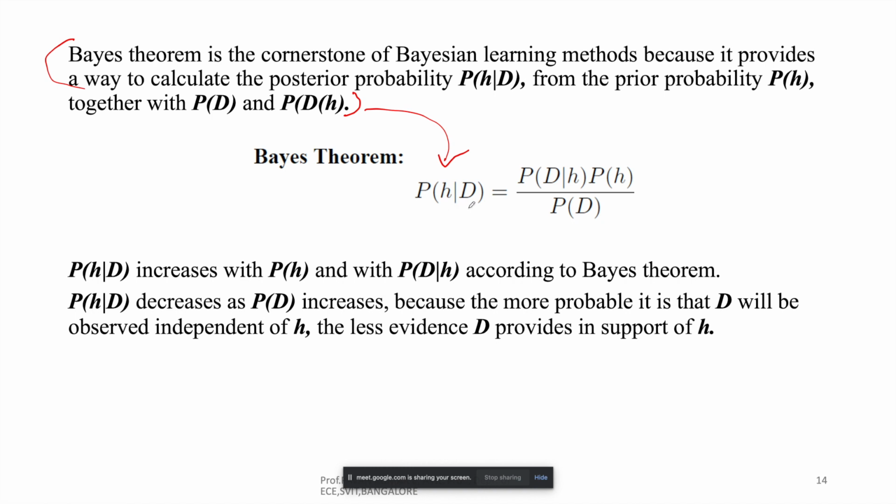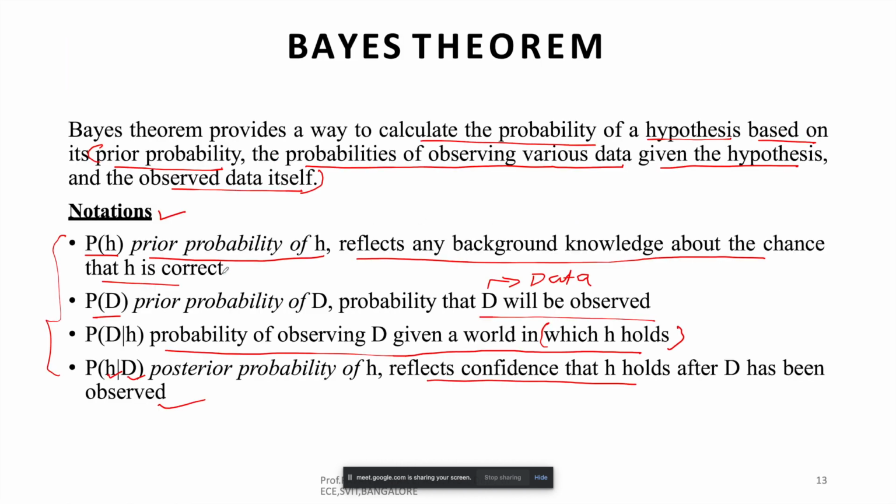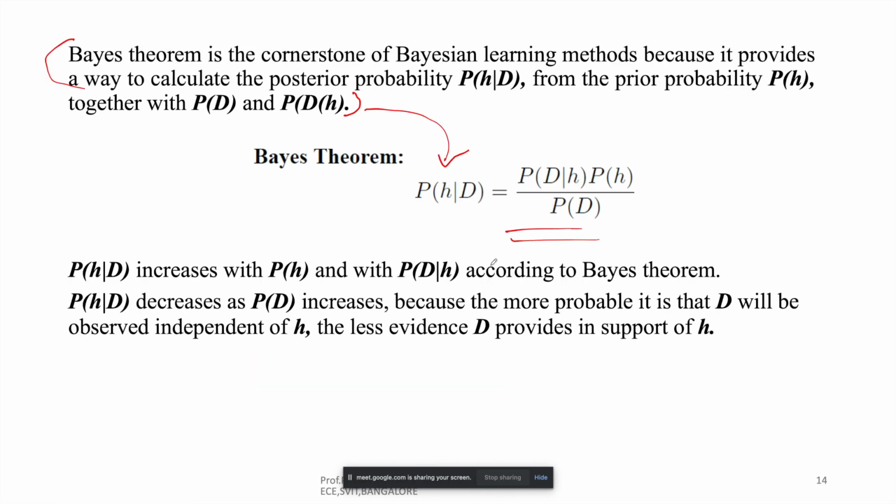P of H given D equals P of D given H times P of H divided by P of D. So these notations are very important. P of H, prior probability of H; P of D, the probability of D, that is the data; and P of D given H, observing D, observed data. Both are very important. Based on that this formula or theorem has been formed.